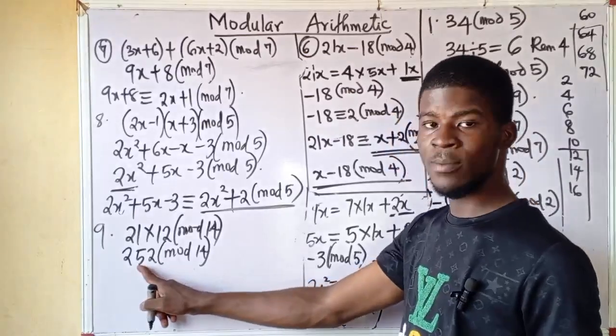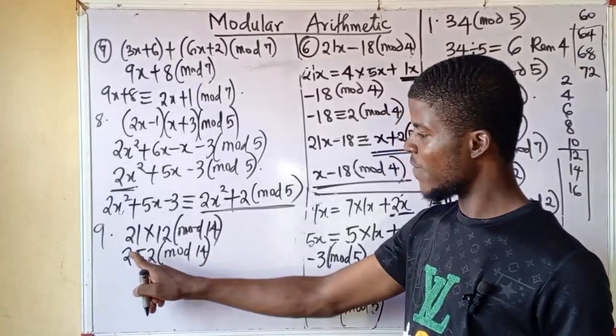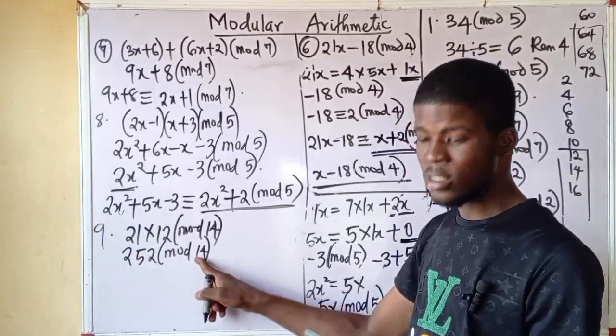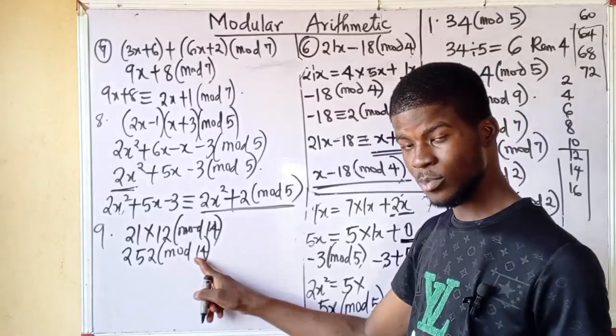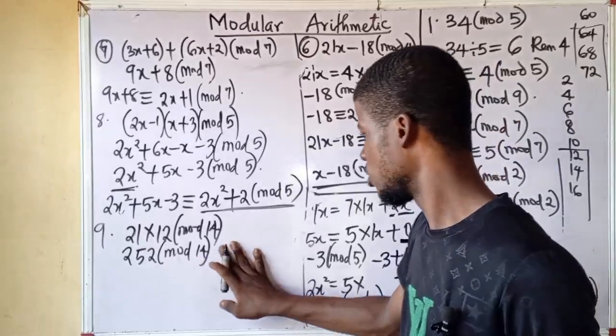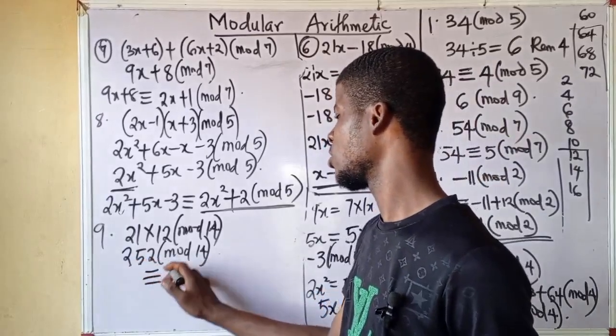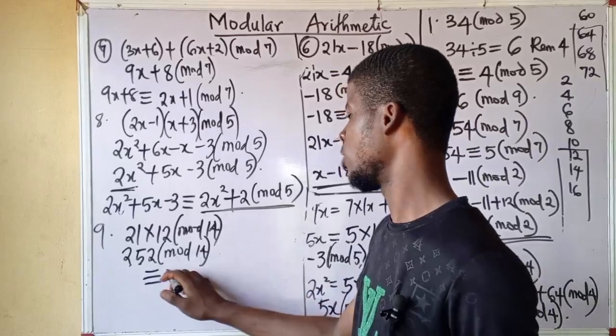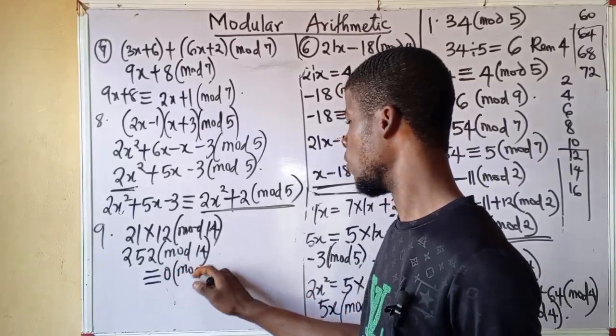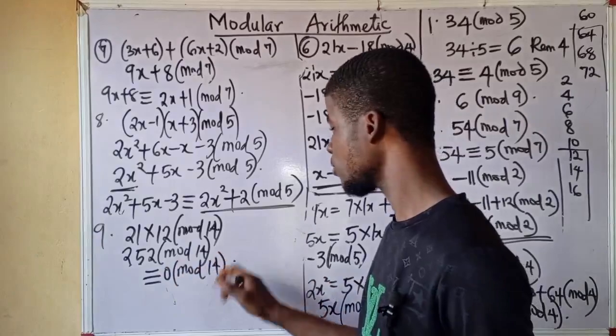So 252 is actually a multiple of 14. If I divide 252 by 14, it is 18, remainder 0. So 252 is actually congruent to 0 modulo 14.